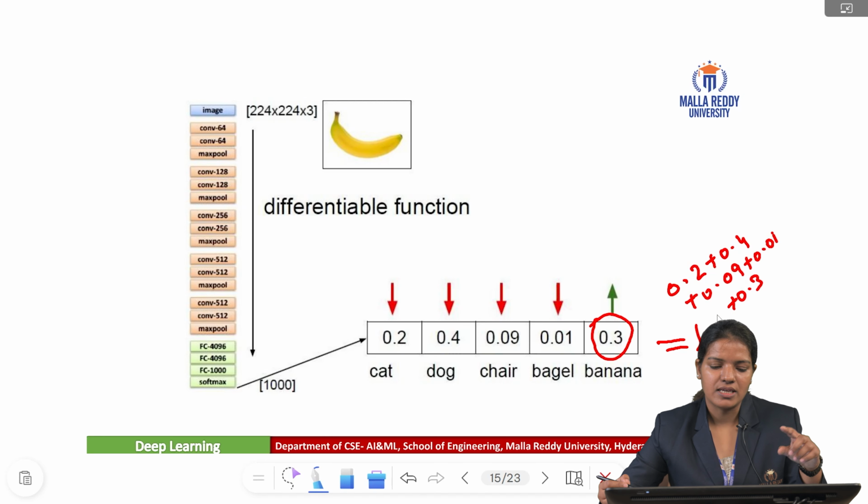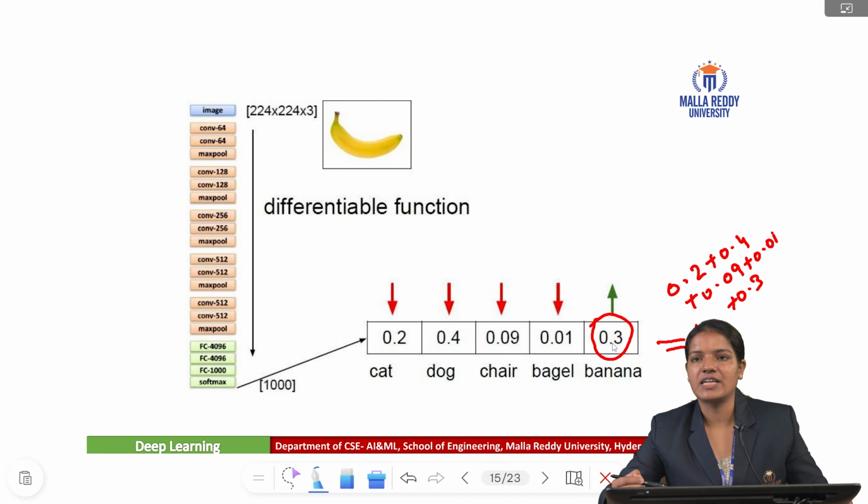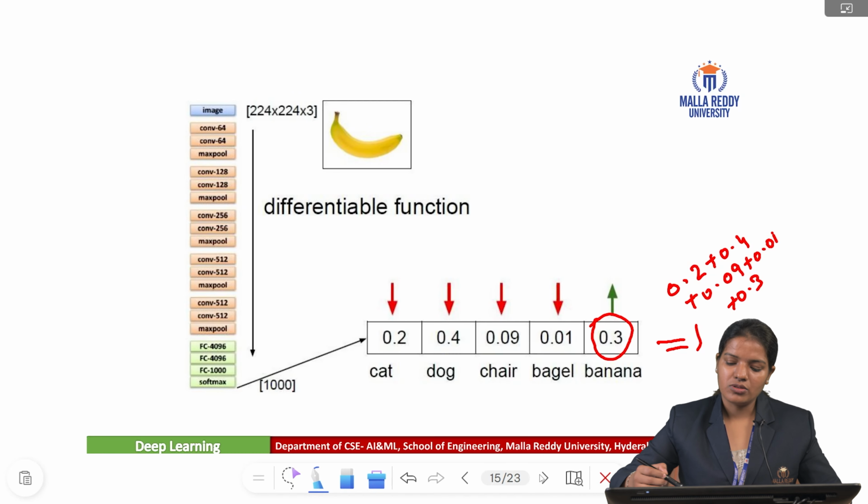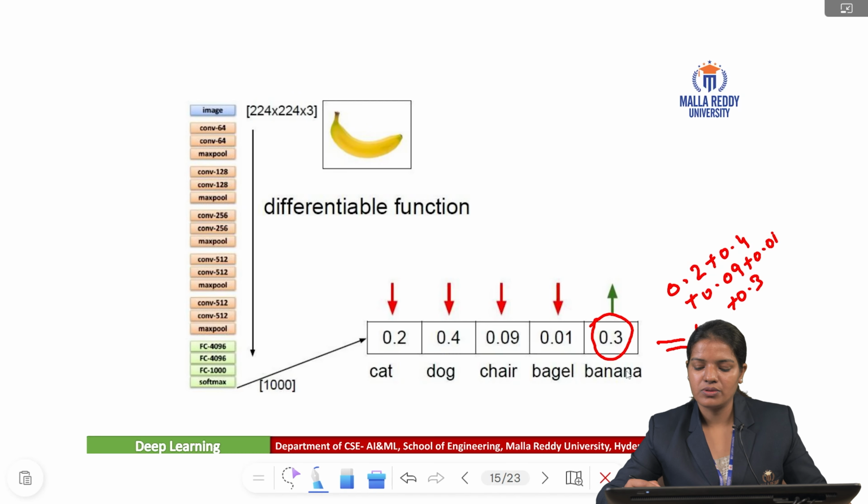As the input here is a banana, the highest probability is for banana, and the other classes get only low probability. So in this way, we are able to select the suitable output.